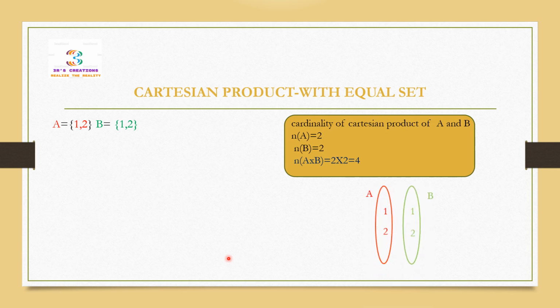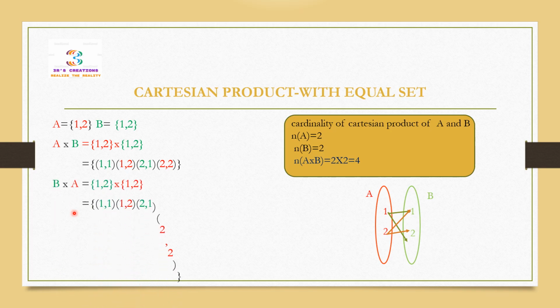Now let's see how it's paired. 1 is paired with 1 and 2, and 2 is paired with 1 and 2. So A cross B is (1,1), (1,2), (2,1), (2,2). B cross A we can find similarly. Then we can see A cross B and B cross A have these 4 ordered pairs, and the pairs are also equal.